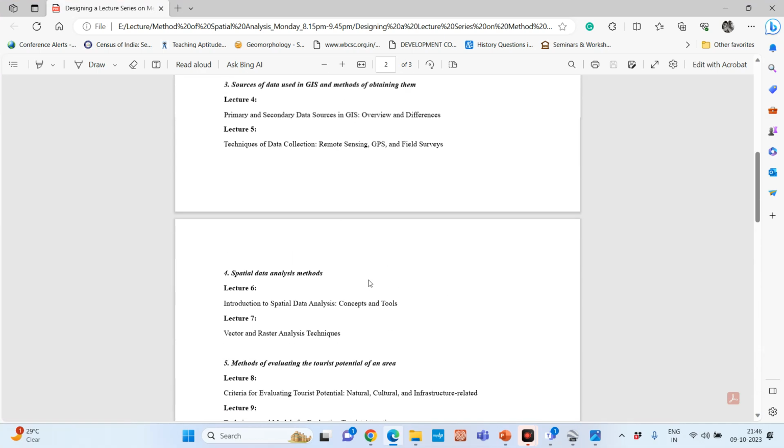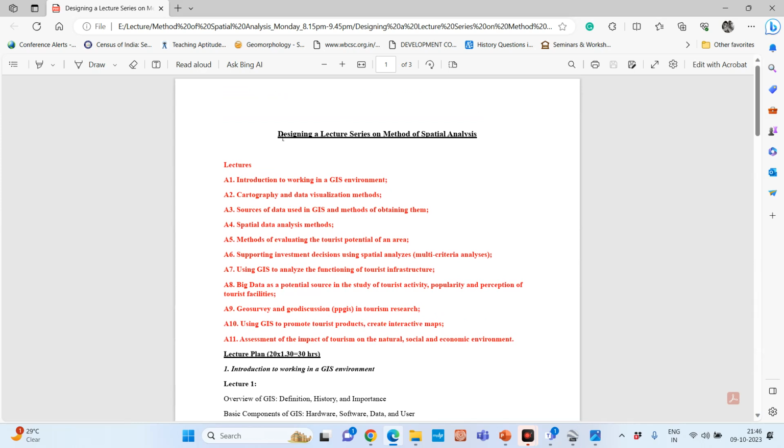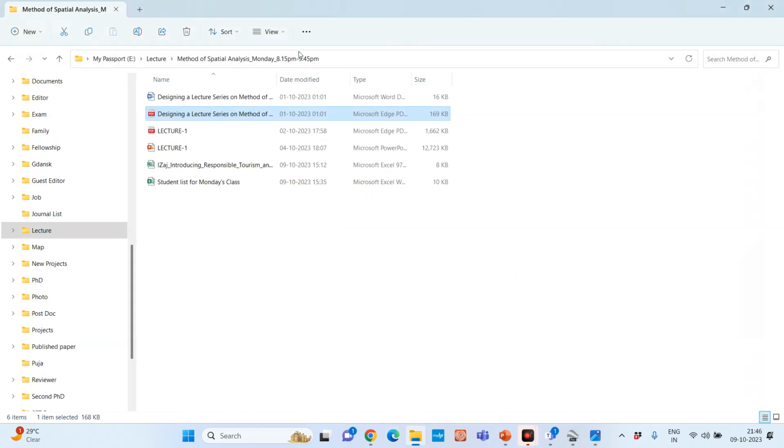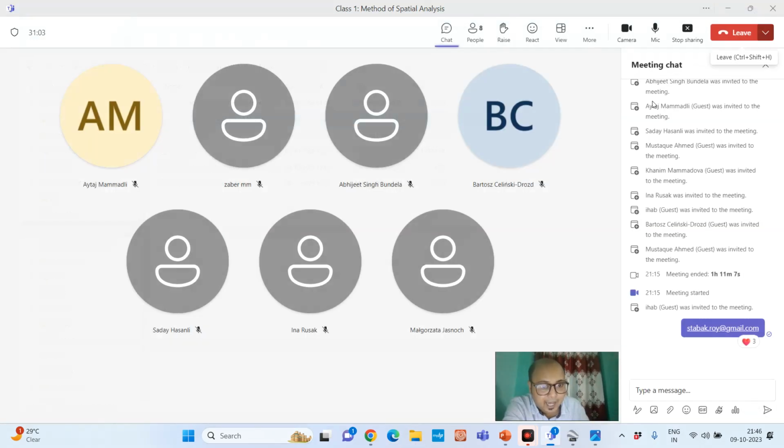This is the theoretical part, the design of the lecture series on the methods of spatial analysis. After this lesson you will have a clear idea about the methods of spatial analysis, even in the special case of tourism planning and tourism marketing. I hope I will help you make this clear.